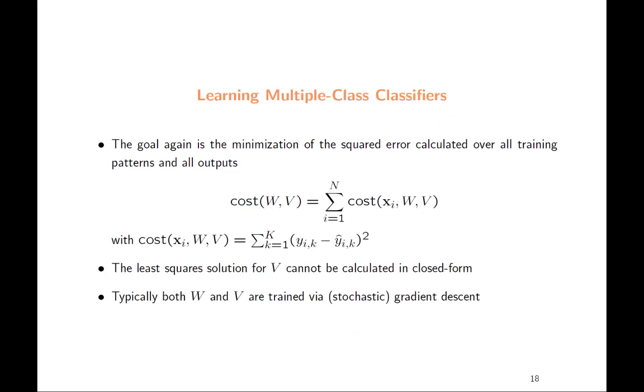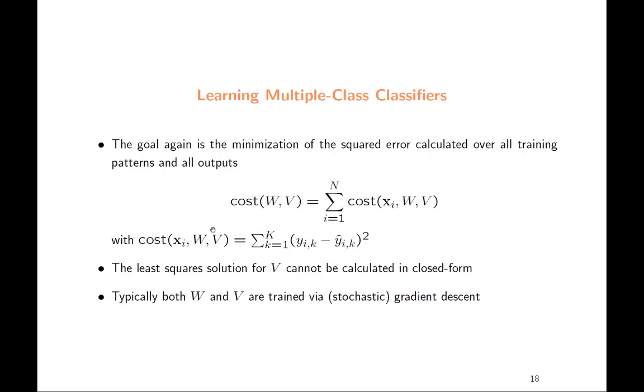So this is the architecture. Now we have to decide how we can fit these parameter matrices in the multi-class case. So I go through this example with the multi-classes. We have two matrices, W and V, and the cost is the sum over all data points, and then the cost term, which is dependent on the input, xi, and the W and V, and of course also the outputs.